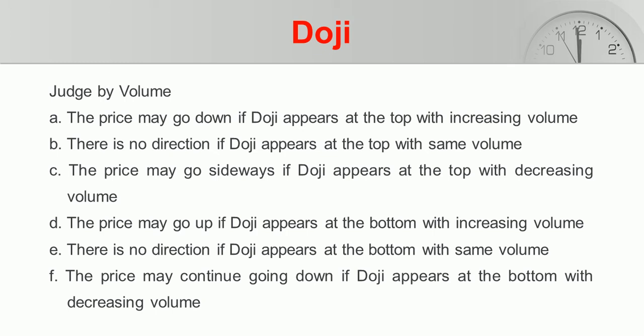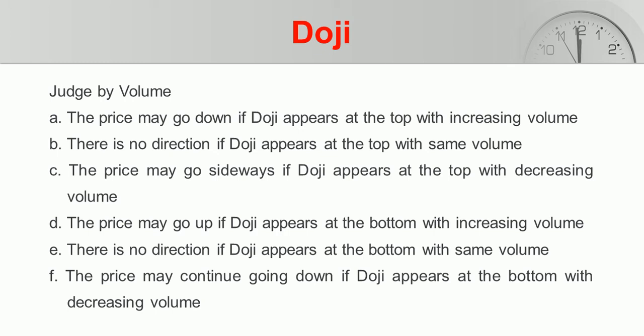The next one, the price may go sideways if Doji appears at the top with decreasing volume. If you see the Doji appears at the top, then the volume decreases, the price will continue sideways. Okay. The next one, there's no direction if Doji appears at the top with the same volume.